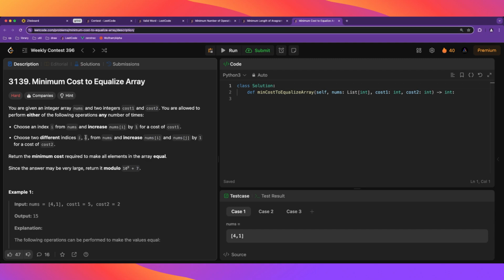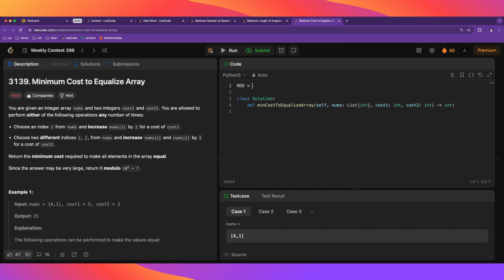Choose two different indices, i and j from nums, and increase nums i and nums j by 1 for a cost of cost 2. Return the minimum cost required to make all elements in the array equal. Since the answer may be very large, return it mod the usual prime number.